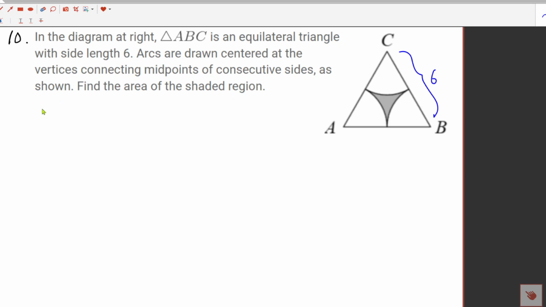Okay, the area of our shaded region equals the area of triangle ABC subtracted by the areas of sectors centered at A, B, and C, right?